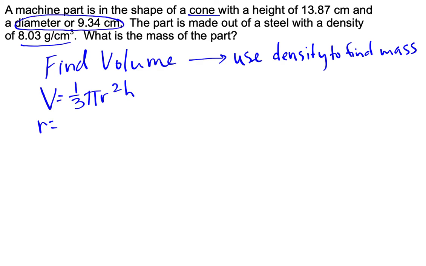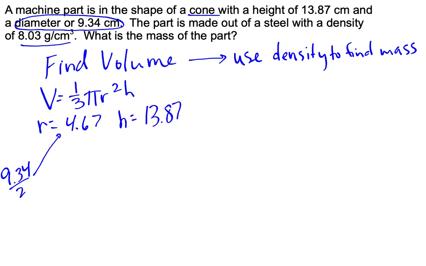So I need to take 9.34 and divide it by 2 to get my radius of 4.67 centimeters. The height is going to be 13.87 centimeters. Okay, that gives me a volume of 1/3 pi 4.67 squared times 13.87.